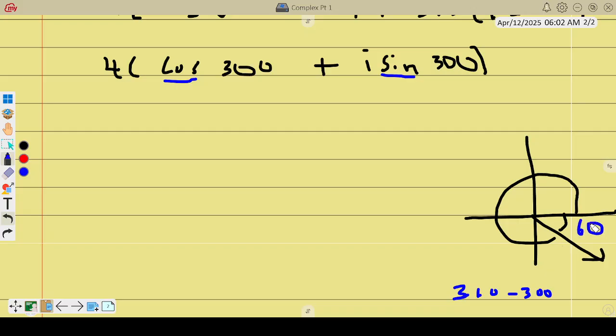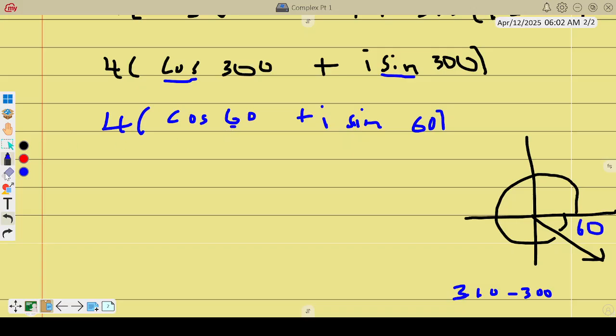So the helping angle is 60. So this means that we can write cos 300 as cos 60 plus I sine 60, like that, because this is what we can work with.